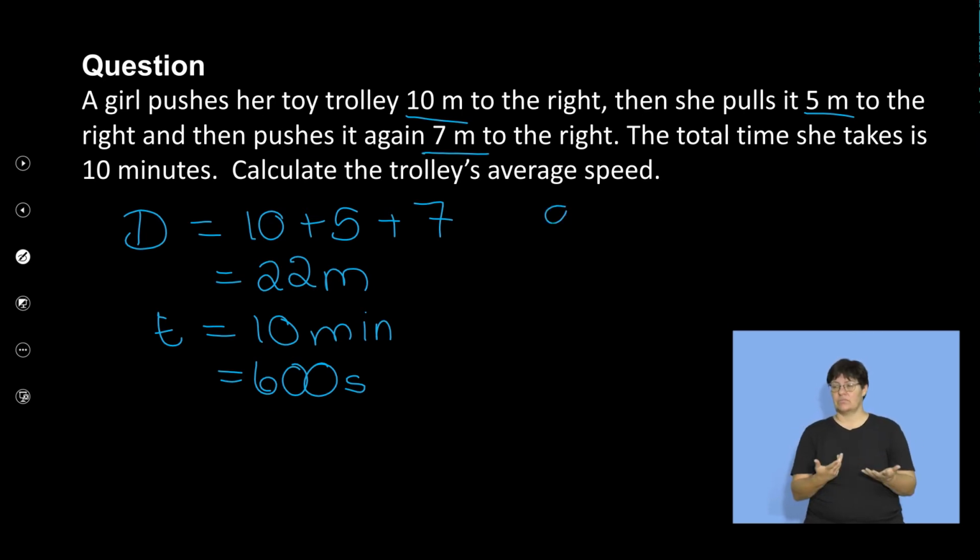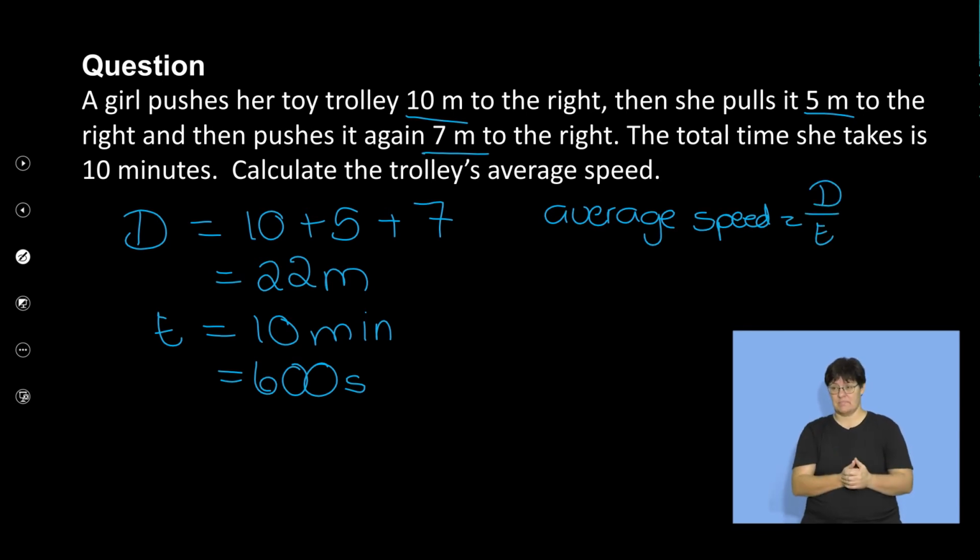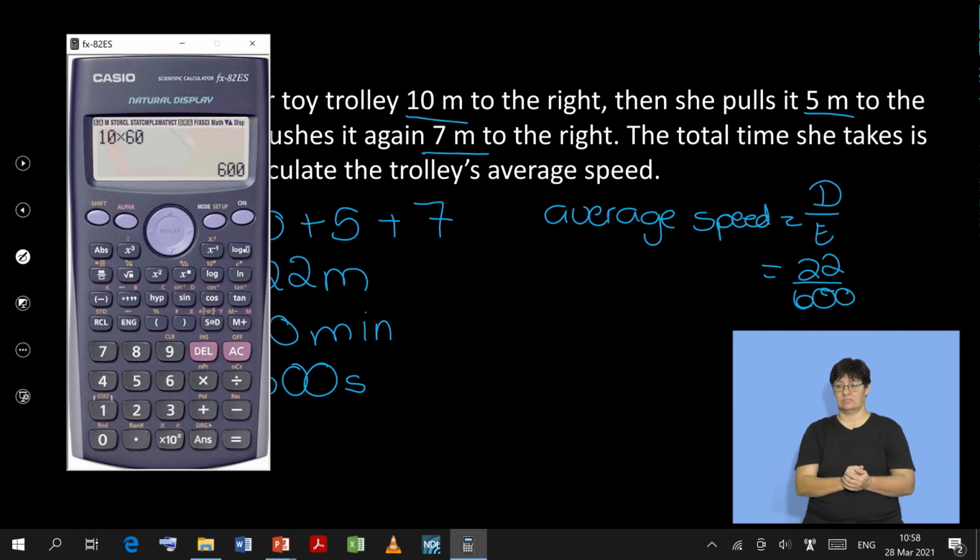So average speed is distance over time. She went 22 meters in 600 seconds. 22 divided by 600. And I've got 0.0.